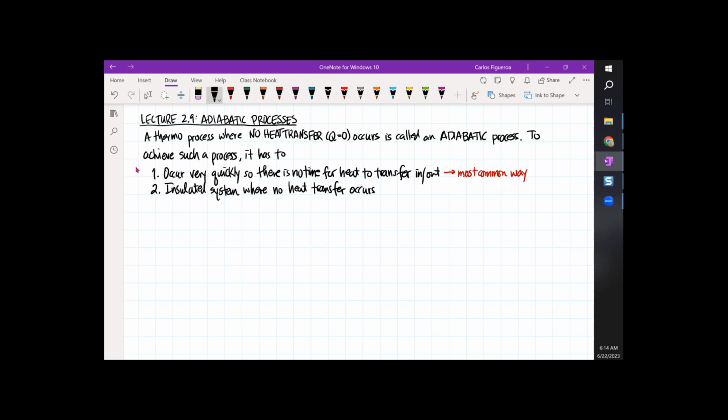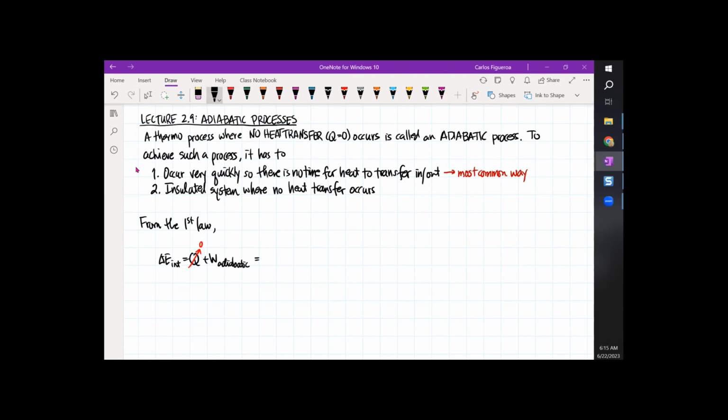So if I look at the first law, what we're seeing here is that if I have internal energy and I have no heating and I only have work, then this work here is called adiabatic, and that's the only way to change the internal energy.